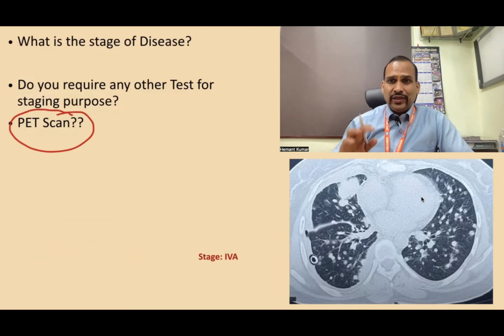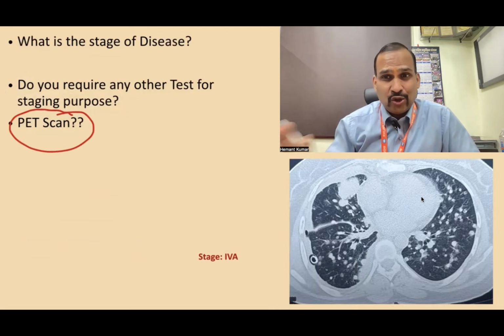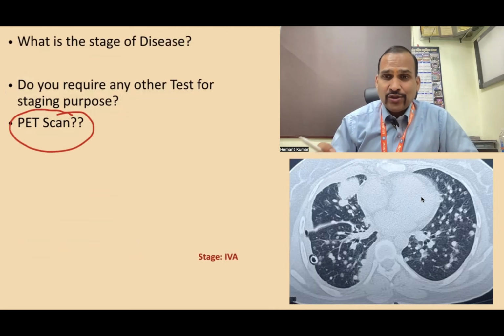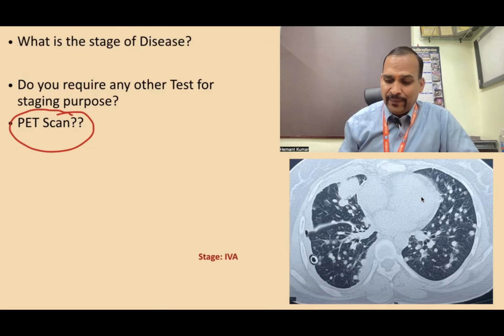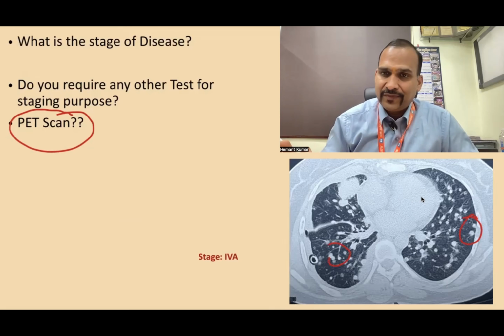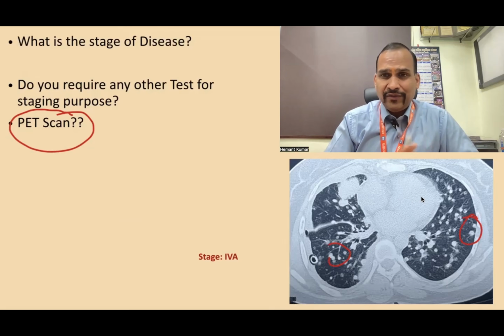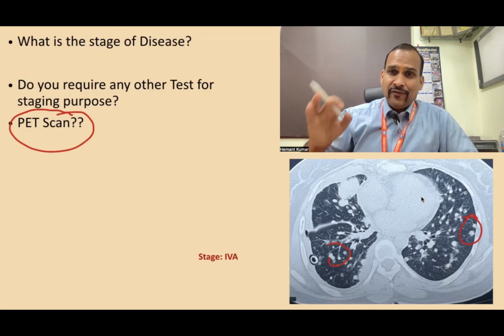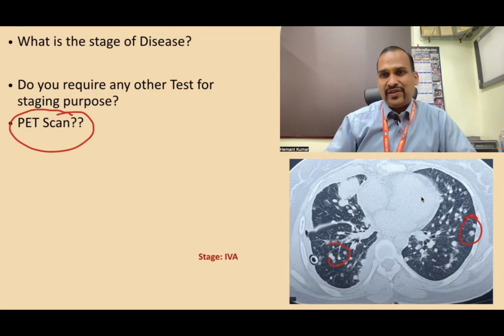In my opinion a PET scan is not required. Why? Because there is pleural effusion and bilateral metastasis, so this is already stage 4. So a PET scan is not going to give any extra information for management of this patient.